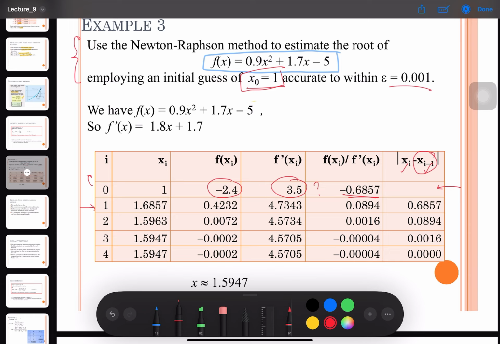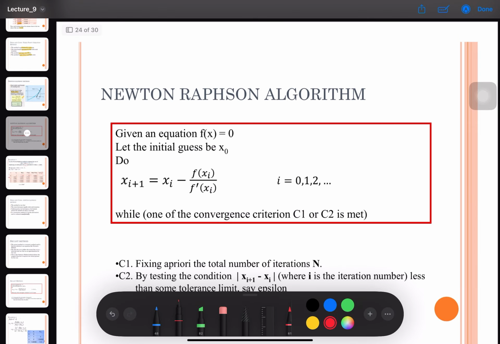Okay, for the next iteration, this time your i will be 1. So find your xi. How do they get the xi? They are using this formula. Okay, let us see. From this formula, when you want to find your x1, the formula will be x0 minus f(x0) over f prime(x0).